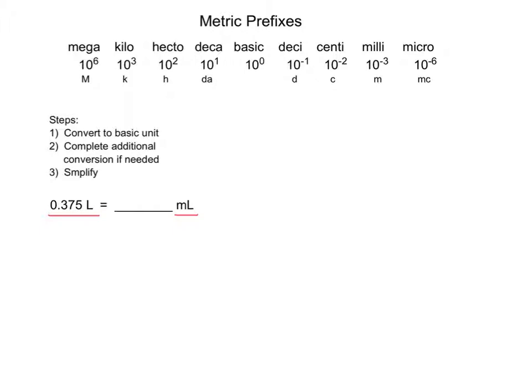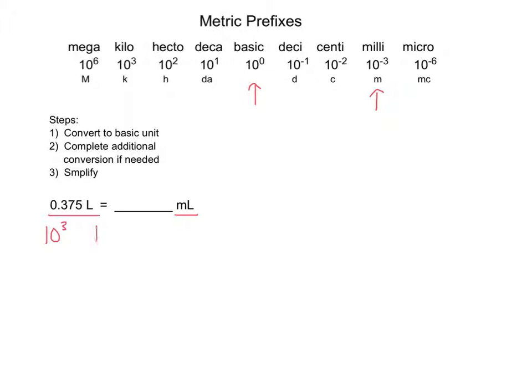Remember that liters is in my basic category here, which is 10 to the 0, and my milliliters is right here, and it has a 10 to the 3rd. So the difference in decimal places is 1, 2, 3. The conversion I'm looking at is a difference of 10 cubed, or 1,000.